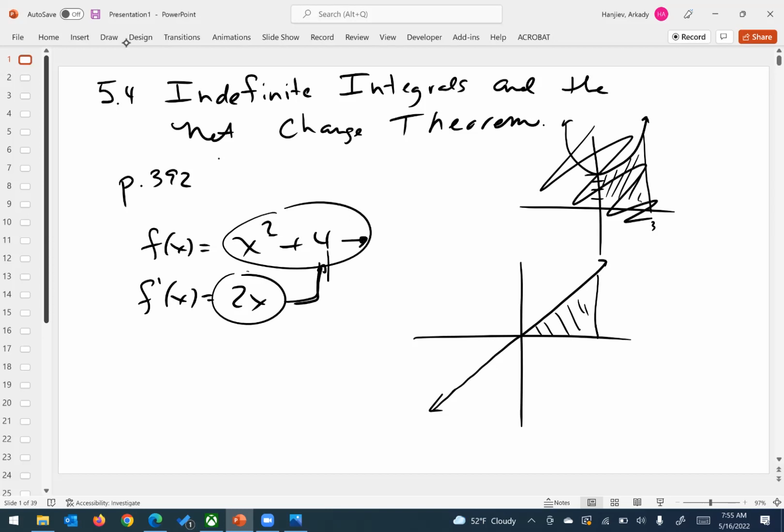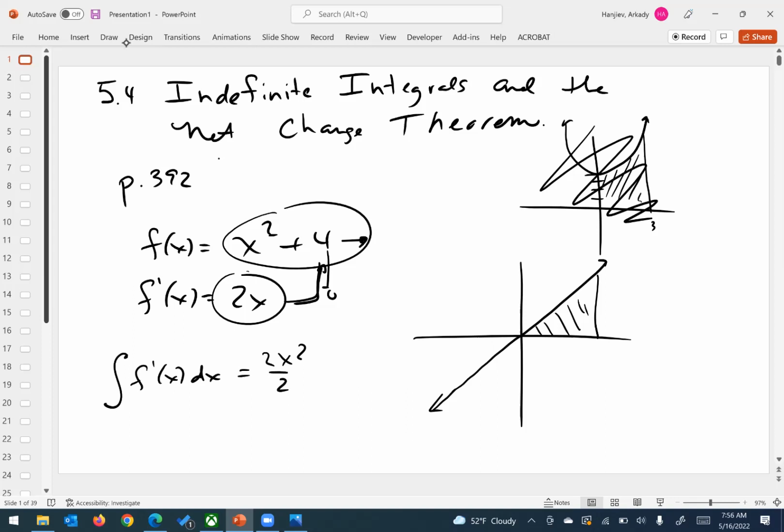When I took the derivative, that 4 turned into a 0. So when I take the antiderivative of this, I say to myself, oh, that's going to be x squared over 2. But then the original piece, don't erase it at all, was the original one at 0?